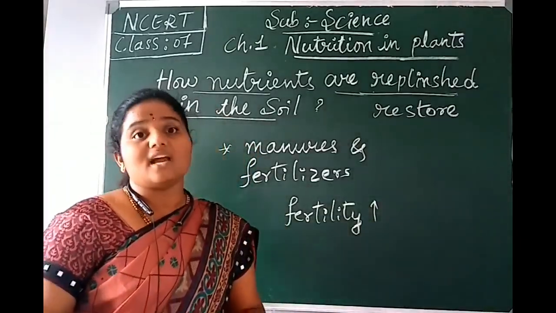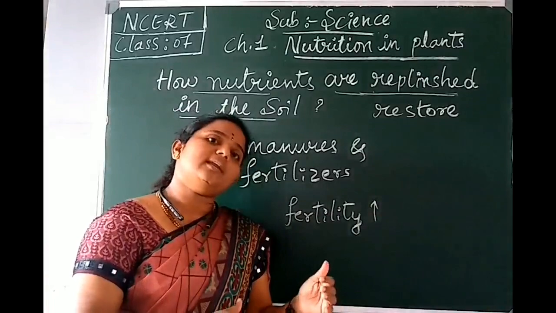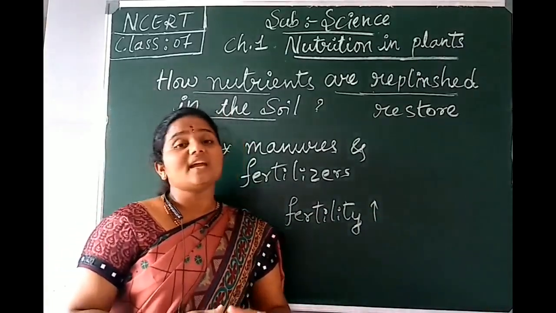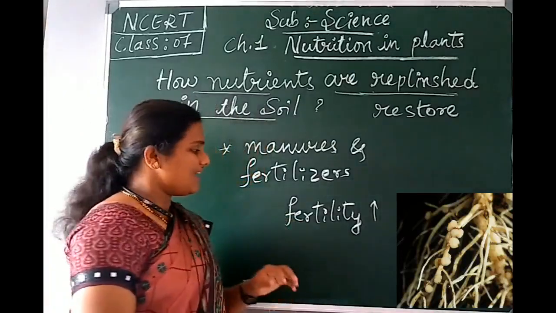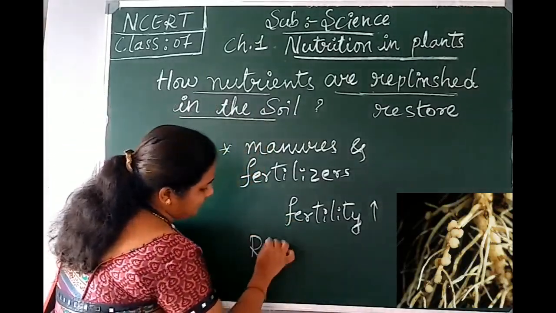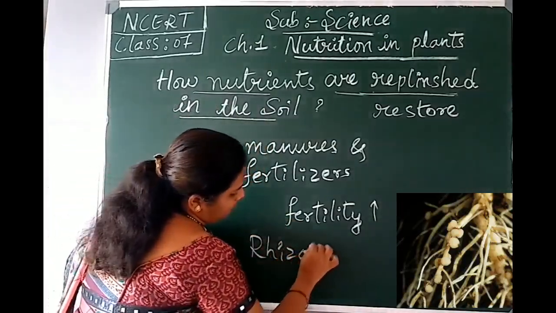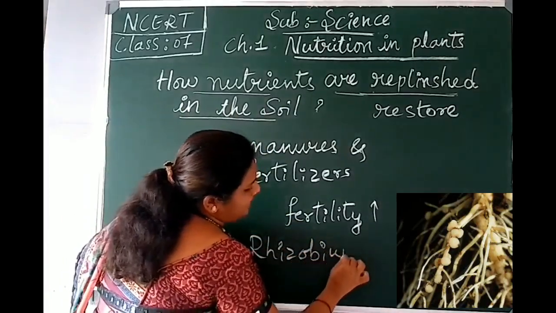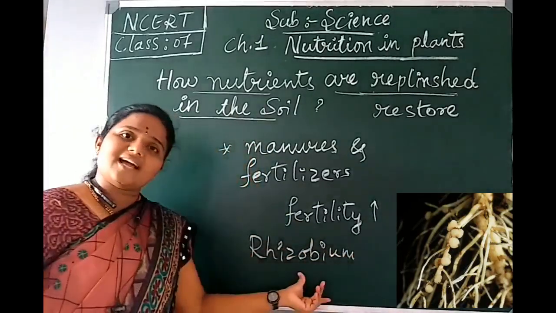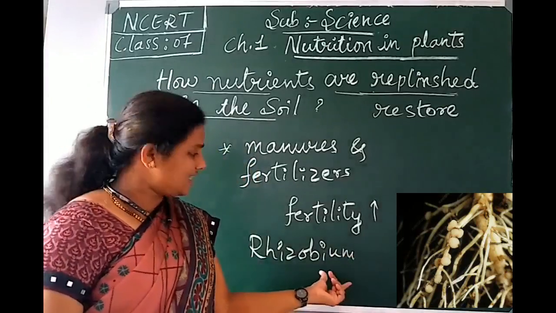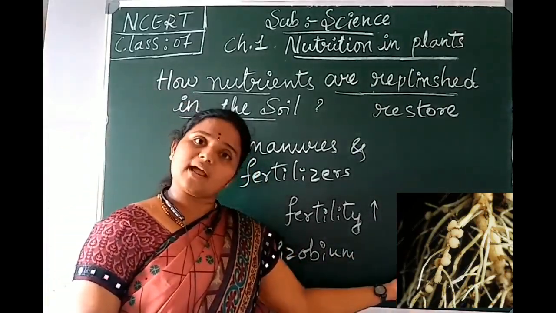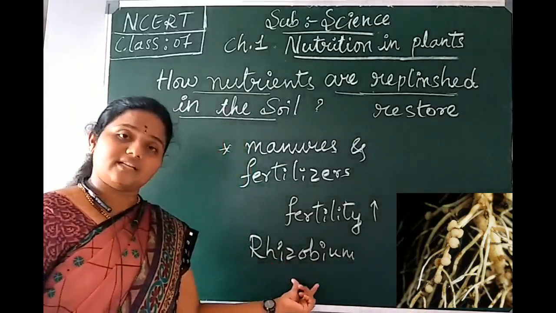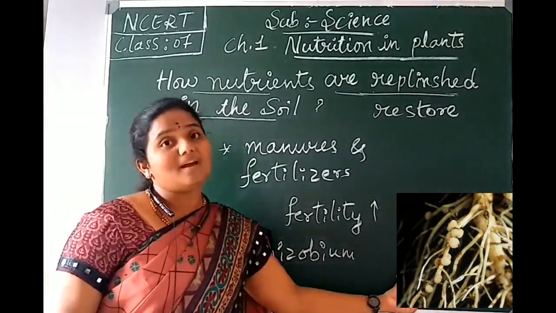Leguminous plants. Why are we growing leguminous plants in particular? Because they contain bacteria. What is that? Rhizobium bacteria will be present. This rhizobium bacteria is present in the root nodules of the plant. In the roots of leguminous plants, rhizobium bacteria will be present.